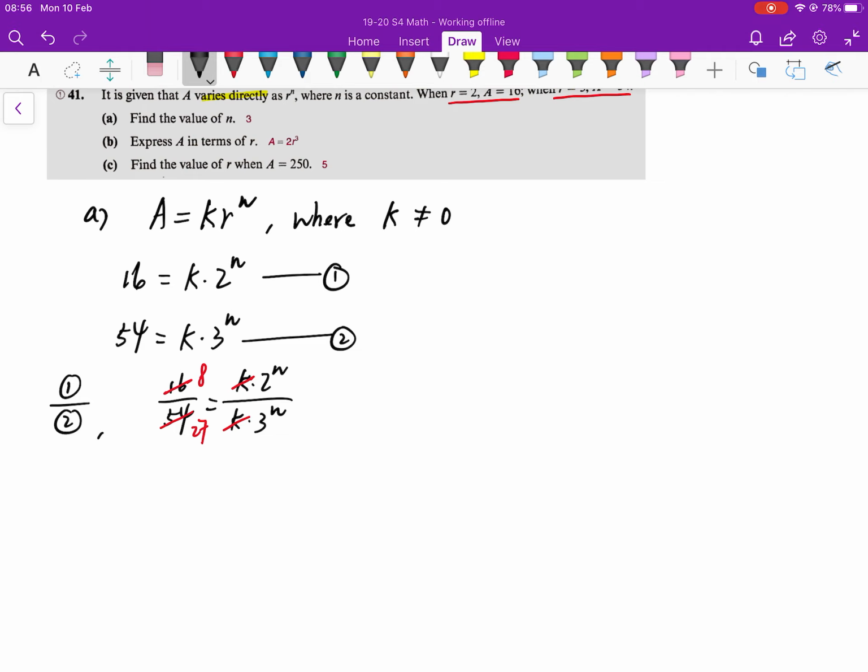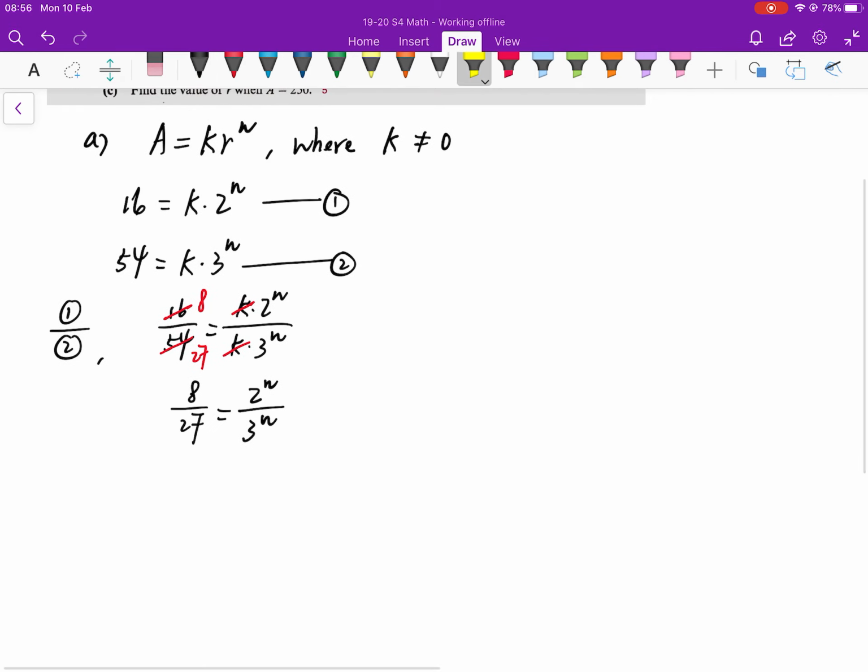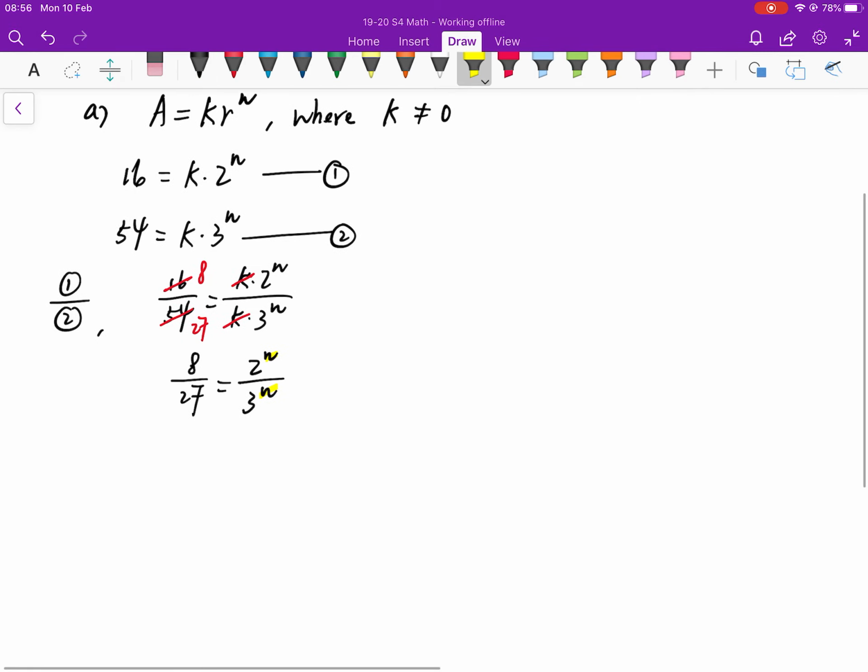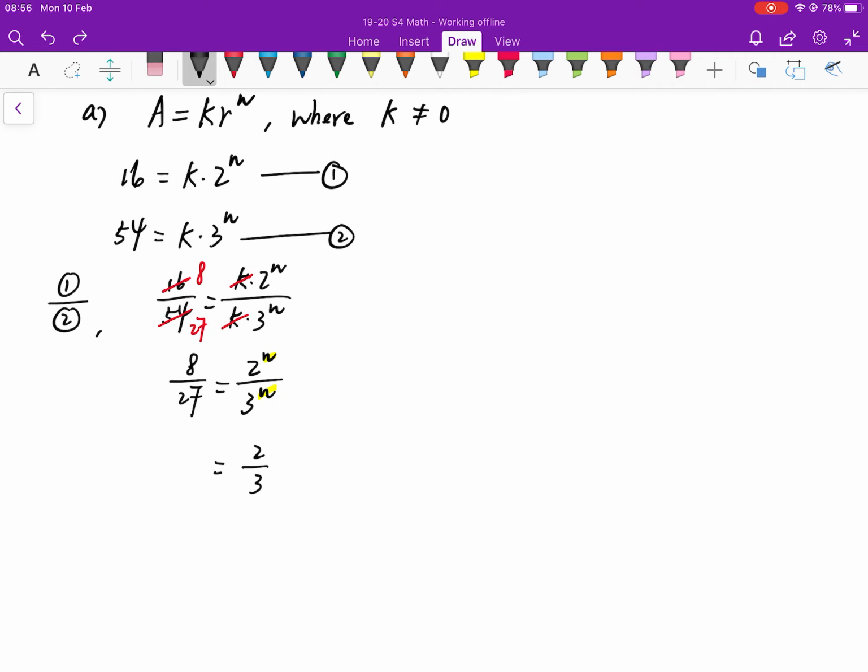So the next step, we get 8 over 27 equals 2 to the power n over 3 to the power n. Also, both of them are to the power n, so we can further simplify the right hand side and combine them together to get 2 over 3 to the power n, with 8 over 27 on the left.